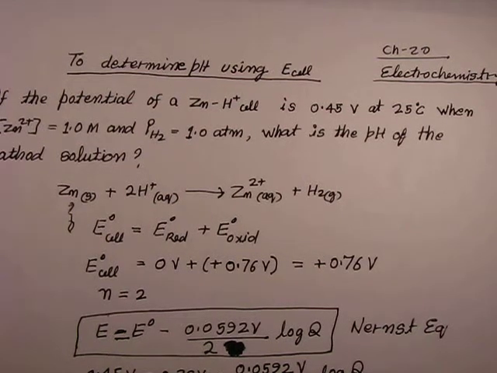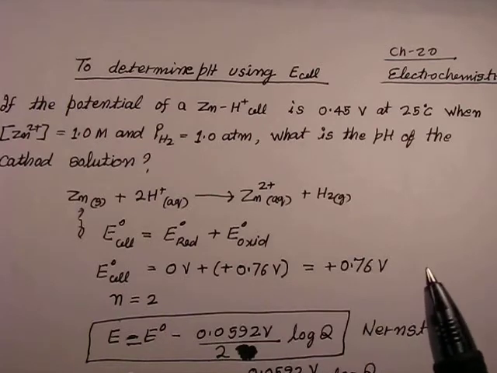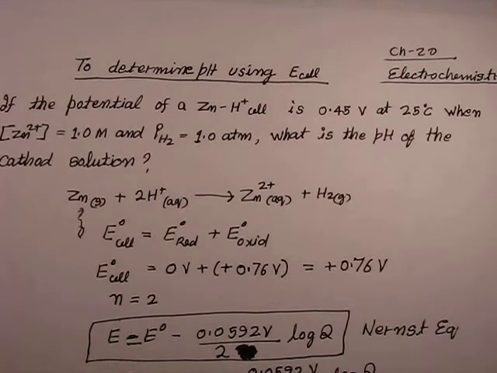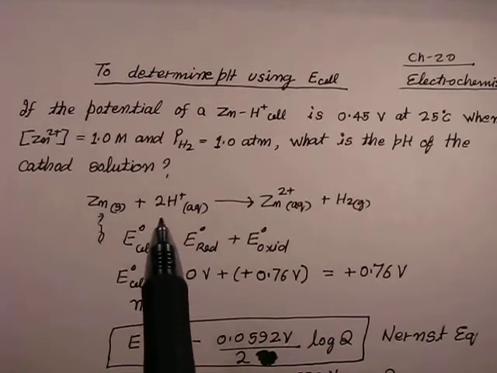So here we will study how to determine the pH using the cell potential, E cell, or how to determine the pH of the cell electrolyte.